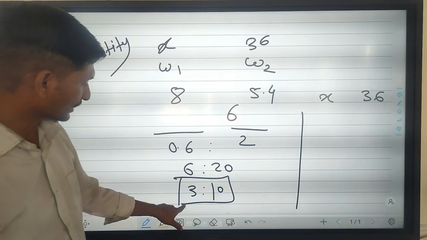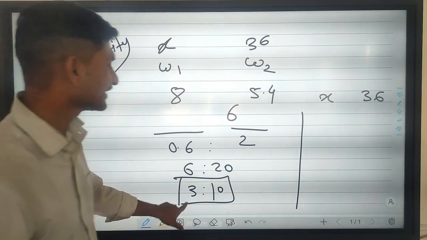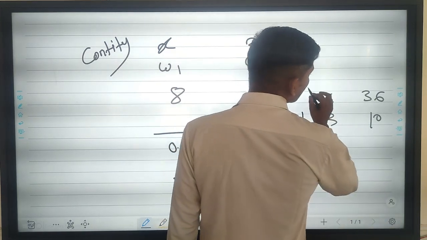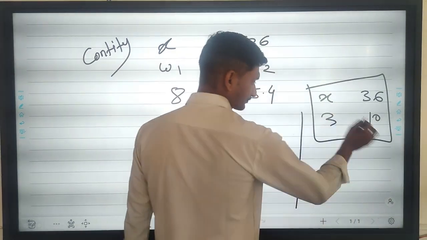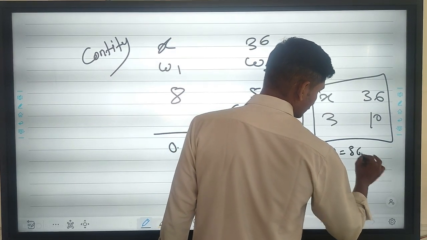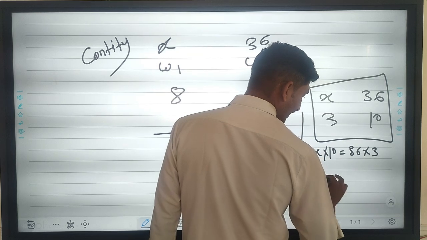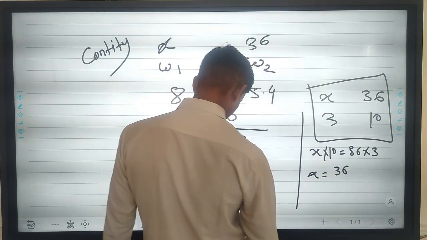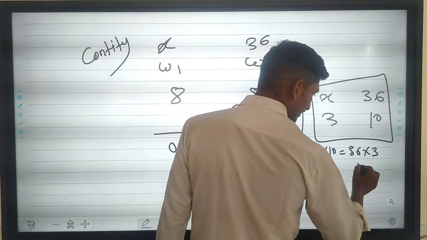Then their ratio of quantity is 3 to 10. Then we cross multiply here. Then X is equal to 36 into 3.